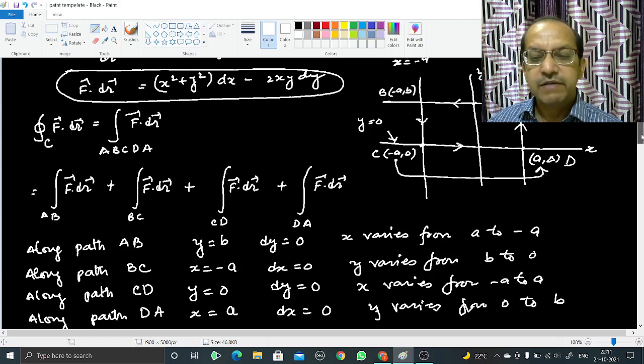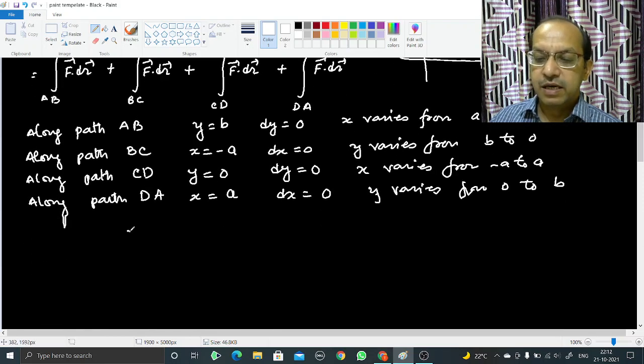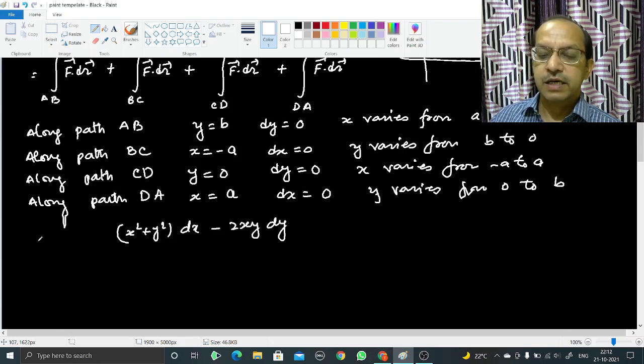Now we will find the value of F dot dr along the 4 paths and substitute into these 4 integrals. What is F dot dr? It is (x² + y²) dx minus 2xy dy.